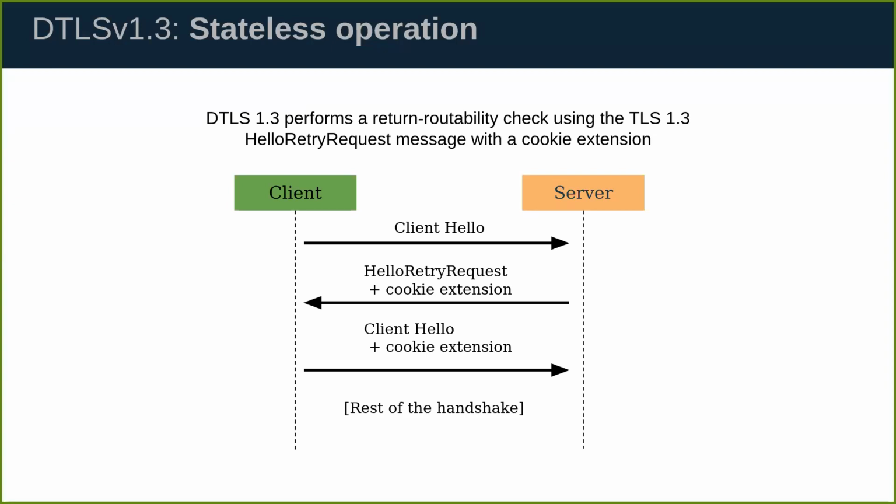The advantage of this mode of operation is that the server operates statelessly until it receives a valid cookie in the client hello. And this may be dynamically disabled for resumption if you would like to allow for resumption. A reason why you might want to disable this check for resuming connections is to be able to use the 0 round trip time, or the early data, as discussed before.